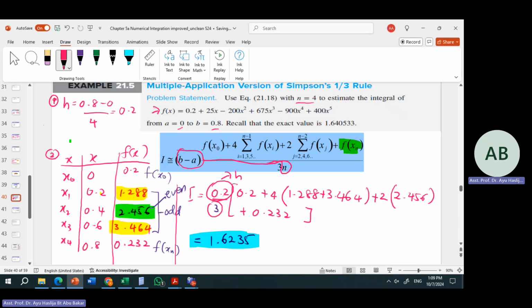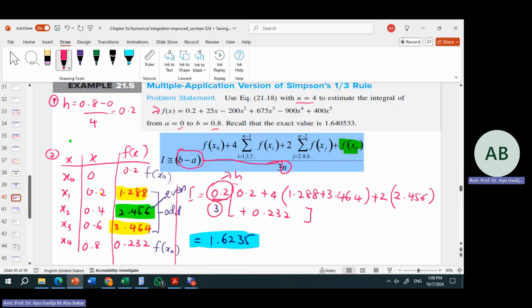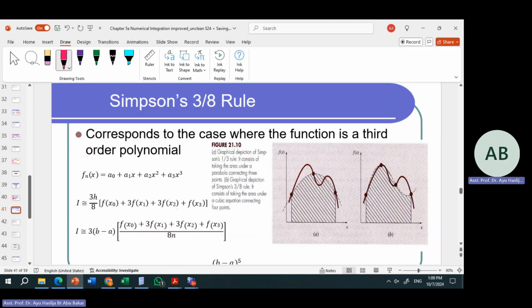Okay, if no question, I move to Simpson's 3/8. Any question for Simpson 1/3 just now? Remember, single application n equals 2. Okay, Simpson 3/8, single application, which is this.